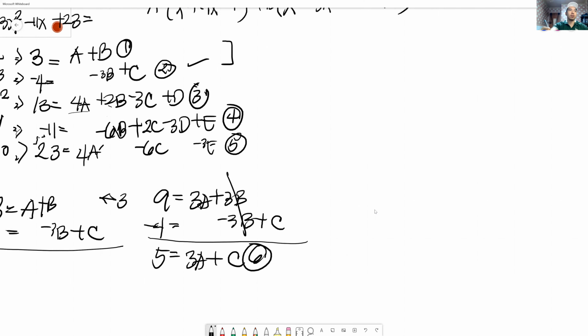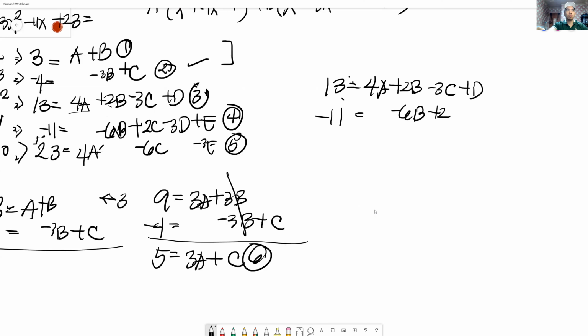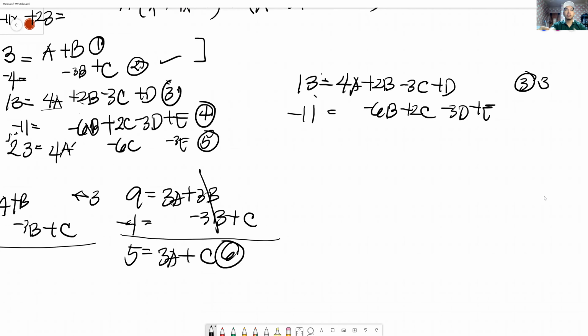So if we remove D in 3 and 4, we have here 13 equals to 4A plus 2B minus 3C plus D. And then negative 11 equals to negative 6B plus 2C minus 3D plus E. Okay. So if we multiply 3 in equation number 3, that becomes 39 equals to 12A plus 6B minus 9C plus 3D.